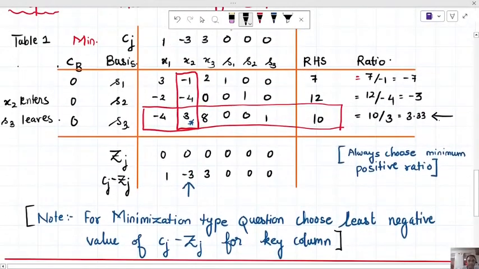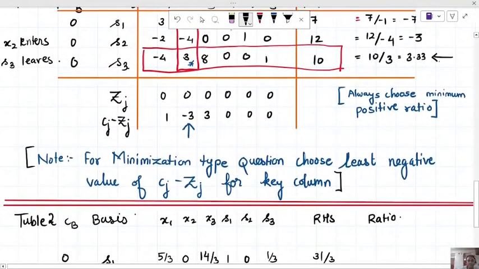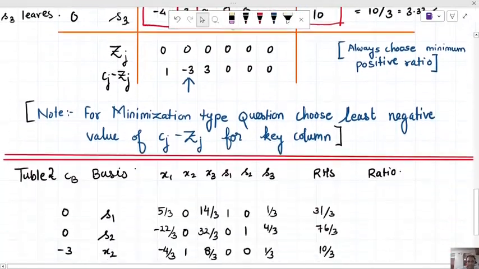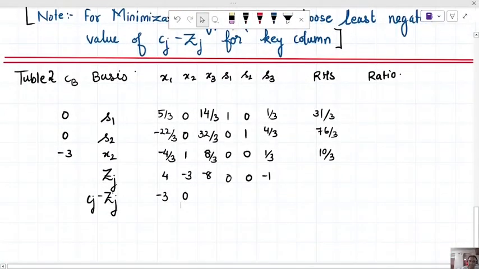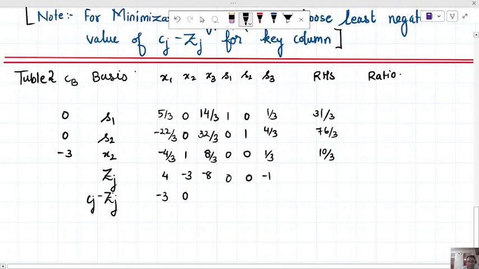Then there is minus 3 in Cj, and here it is minus 3, so it is 0. The next one, it is x3. 3 is the value, and here it is minus 8, so here it is going to be plus 5. Okay, 3 is there and minus of minus 8, sorry, 3 is there and here it will become 11.